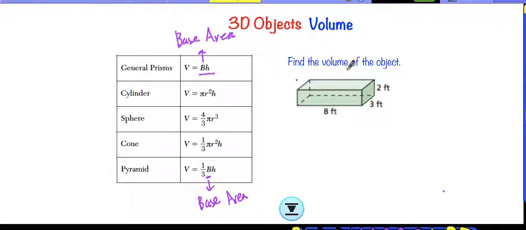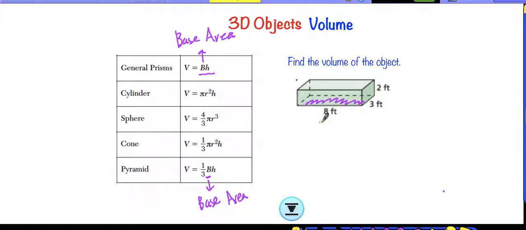So the first one we can see, the volume of this rectangular prism. As we mentioned, since it's a prism, it's always base area times its height. One thing I want to remind you, the base here is a rectangle, so that's why it's length times width.